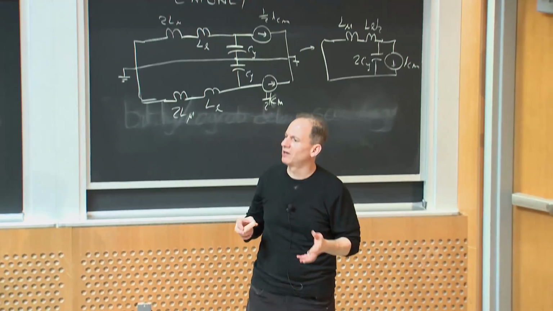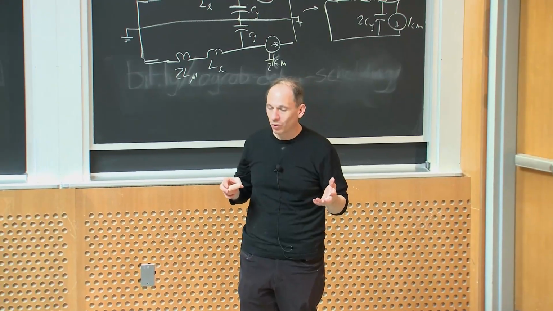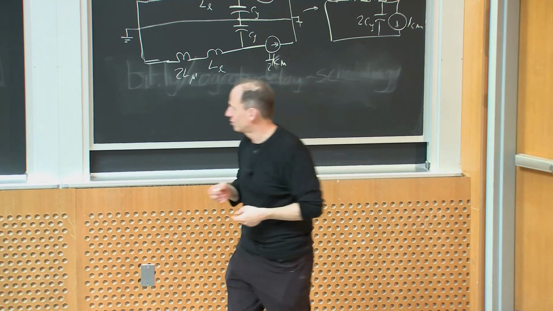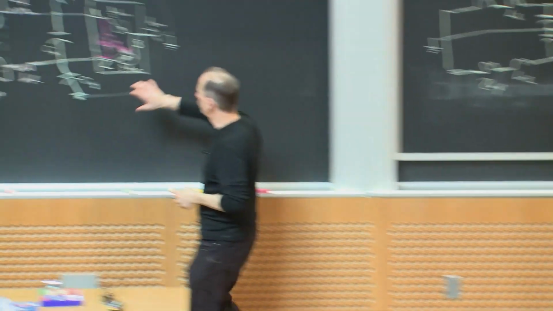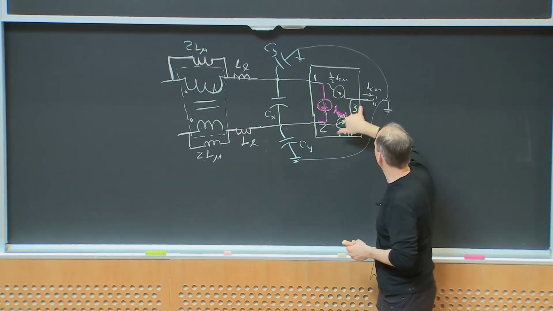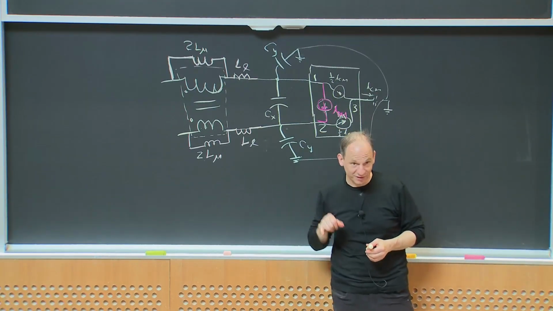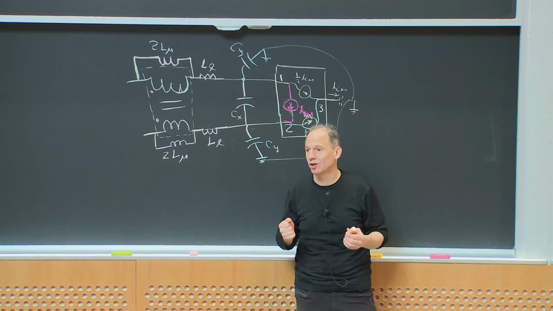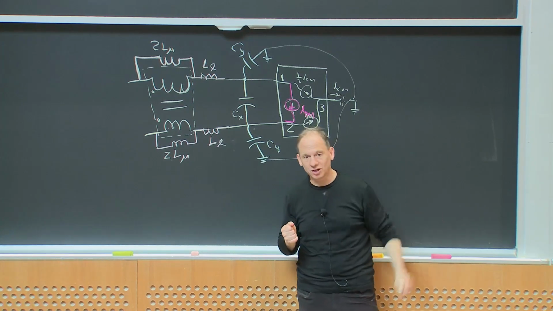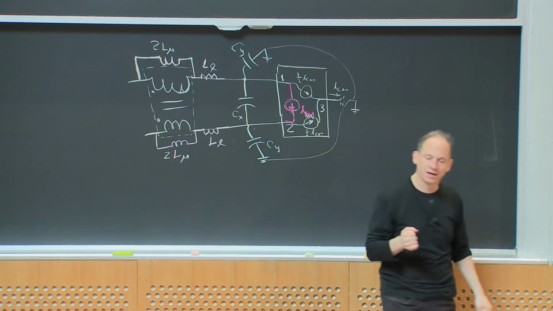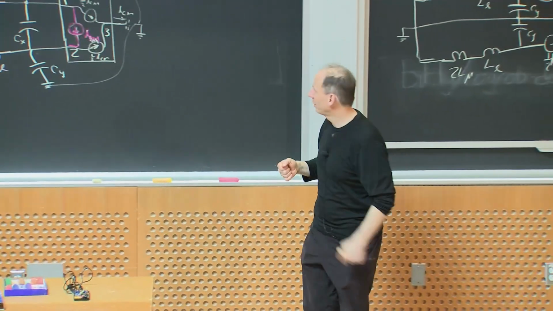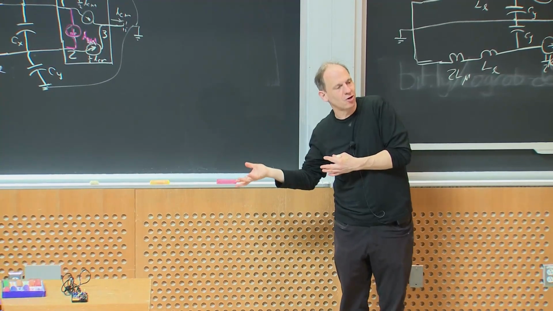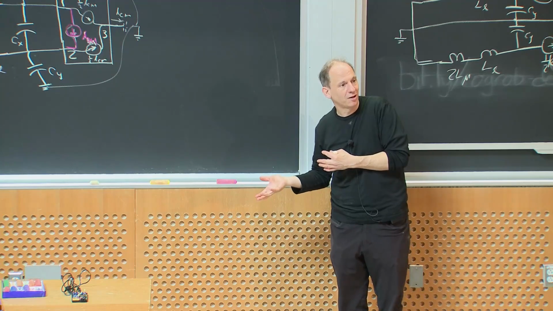Devices like GFIs, you might have a GFI in your bathroom, a ground fault interrupter. What they're really doing is they're looking at the difference between these two currents, or equivalently, they're looking for current going into the ground. If they see current going into the ground, they think, ah, something's wrong, somebody's being electrocuted and current's flowing through them, shut everything off, okay? So if you allowed your device to put a bunch of current into the ground, it's going to mess things like that up.